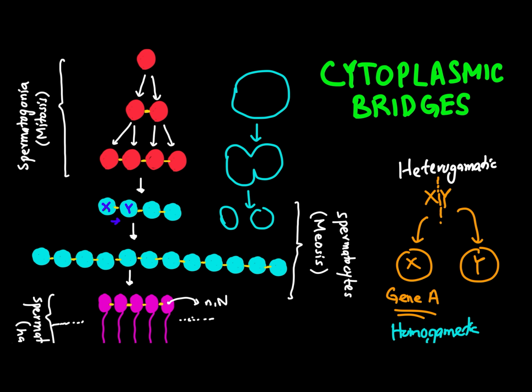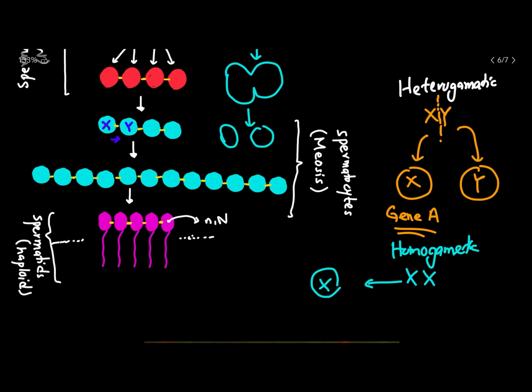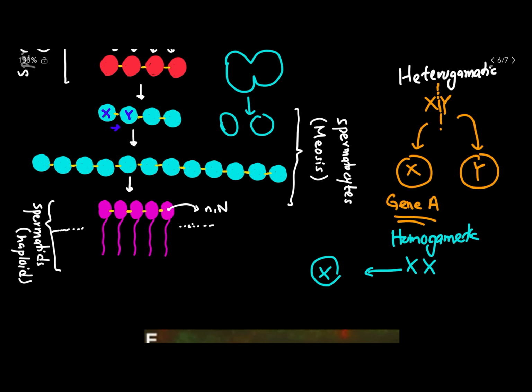Theoretically, it's very important to understand this process because, for example, birds have a different sex differentiating system. In birds, the male is homogametic while the female is heterogametic, meaning the male will produce only one type of gamete, and the female will produce two types of gametes.